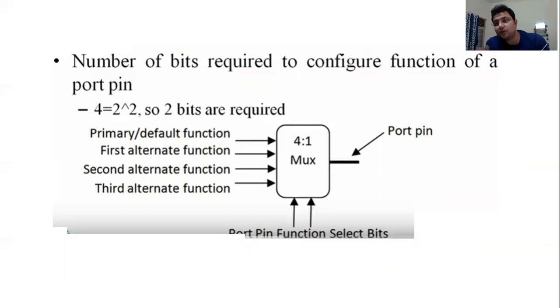Those select bits we will write somewhere. As a programmer, to program our system for a particular purpose, if we want to use port number 0, pin number 3 for general purpose input output or first alternate function, second alternate function, third alternate function, we write in the corresponding pin select register.